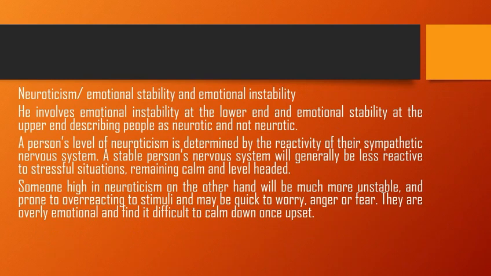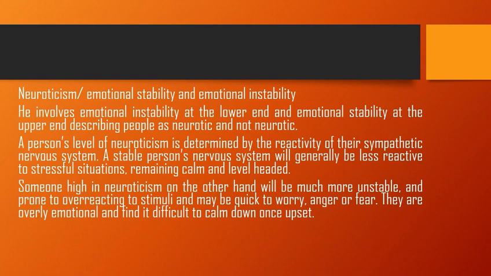The second major dimension, as suggested by Eysenck, involves emotional instability at the lower end and emotional stability at the upper end, describing people as neurotic or non-neurotic. A person's level of neuroticism is determined by the reactivity of their sympathetic nervous system.